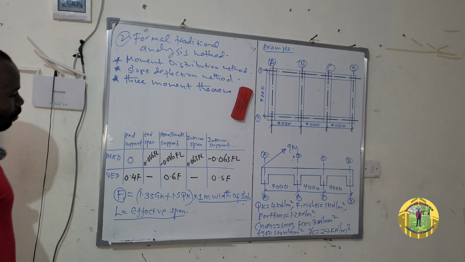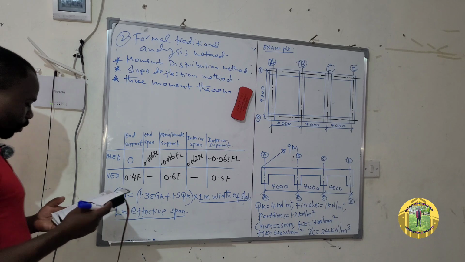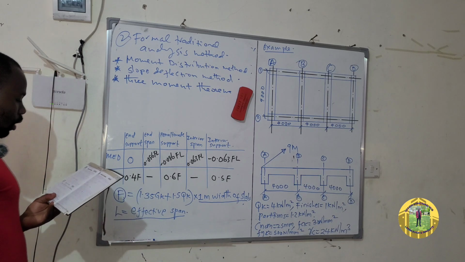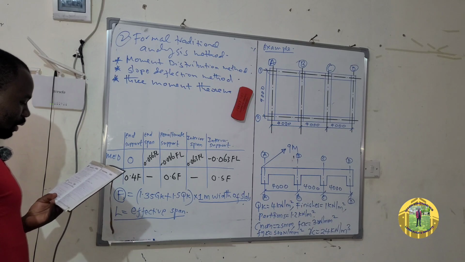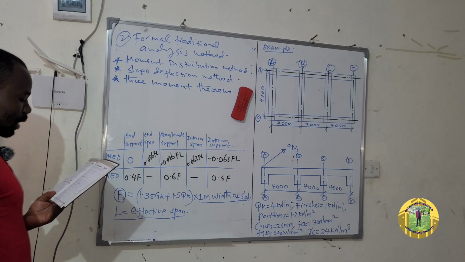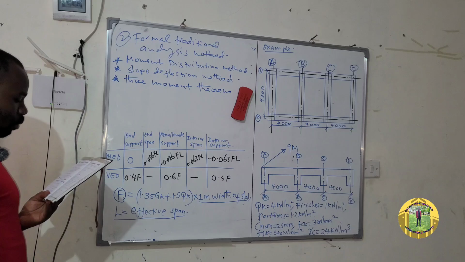So after having done so, I want now to tackle an example regarding what we have discussed before. So this is the example. I will read the question, and the question goes like this. You are the lead engineer for a residential development.